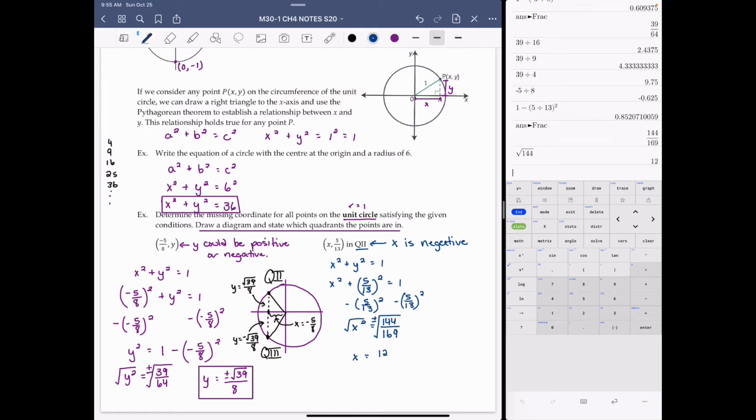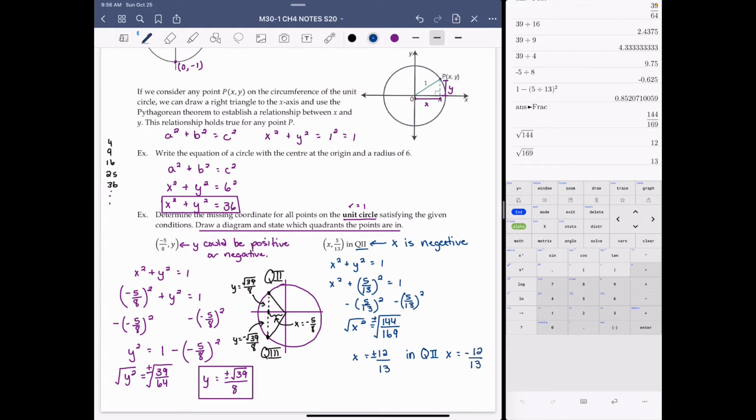And square root of 169 is 13. So it'd be plus minus 12 over 13. But in this case, we are told that it's in quadrant 2. So x would be a negative, so negative 12 over 13.